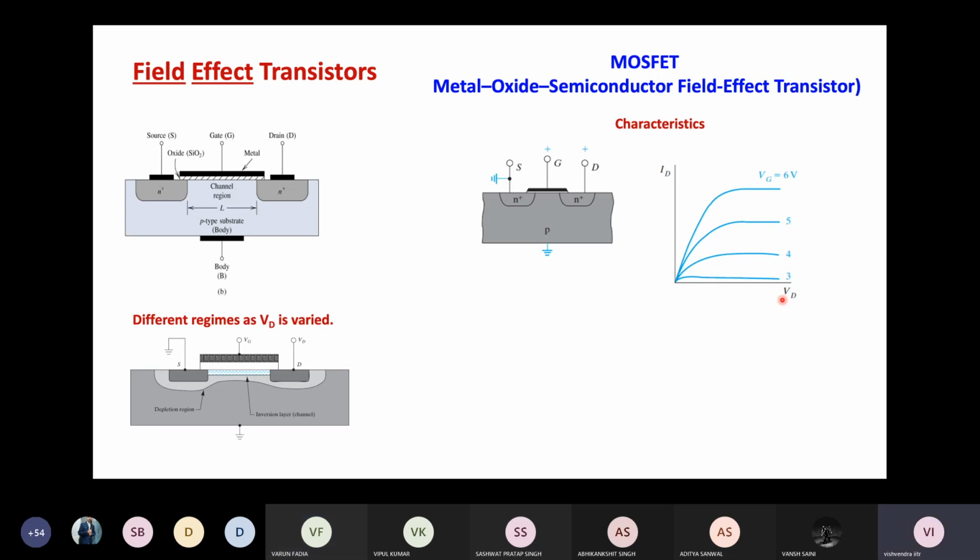The inverted region becomes constant because of the constant gate voltage, but it is constant for all the drain voltages.